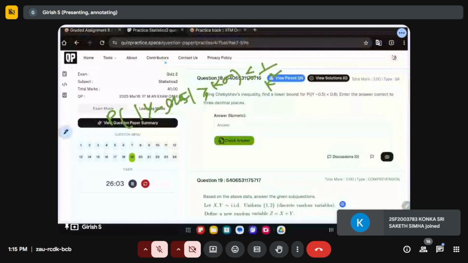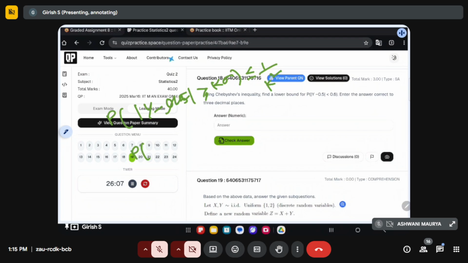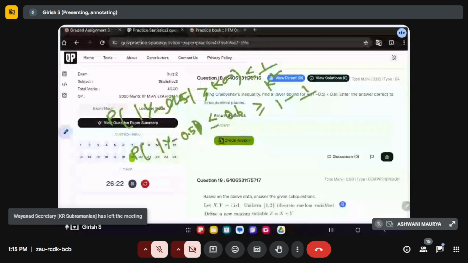So in terms of this, I can express it as probability y minus 0.5 less than or equal to 0.6 is greater than 1 minus 1 by k square.